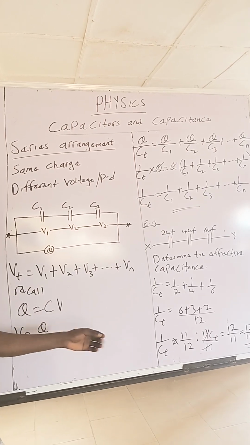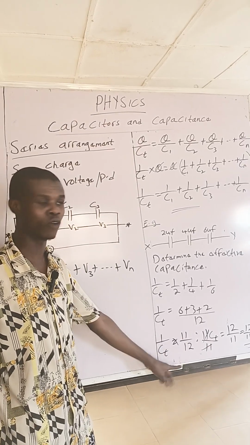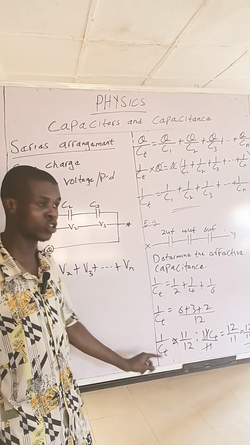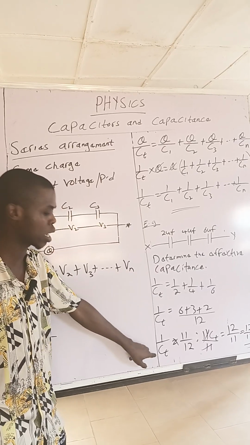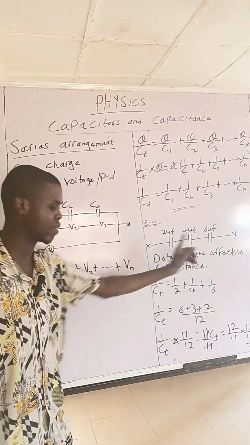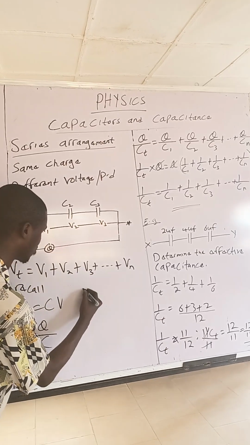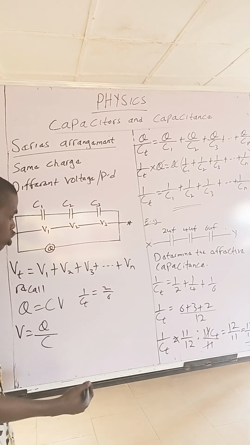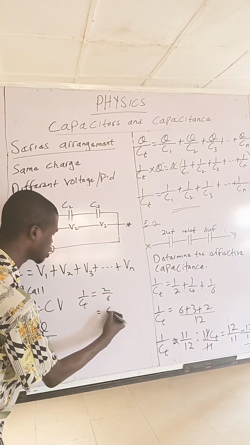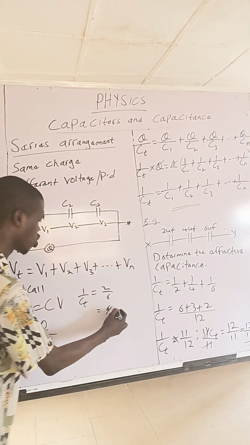Mind you, if you have to solve this question, and you stop at this stage, only 11 over 12, trust me, you are wrong, because the only thing you got is just the 1 over C total, not the total capacitance itself. So you have to take the inverse of it. So whatever you have on this side, for instance, you have 1 over C total to be 2 over 6, your C total will simply become 6 over 2 by taking the inverse of both sides. And that will become 3.